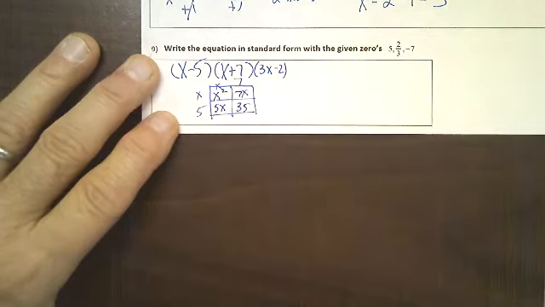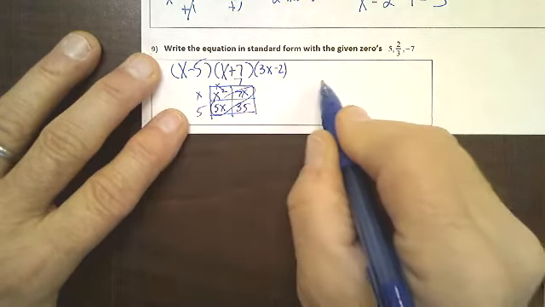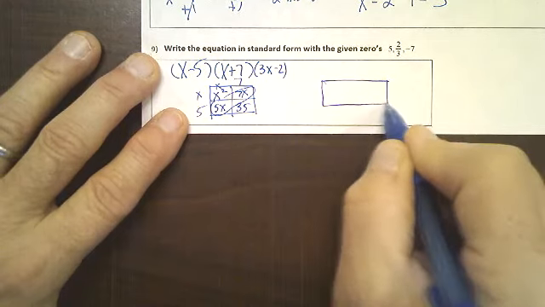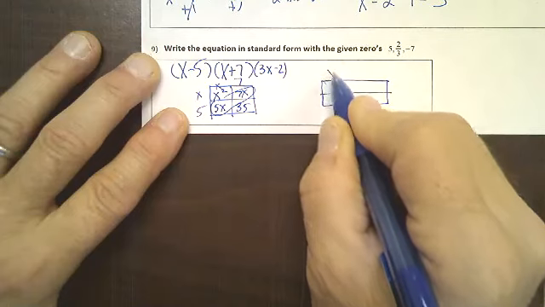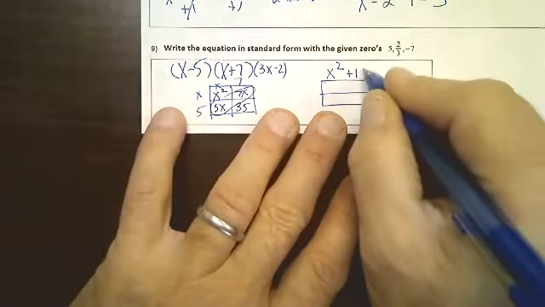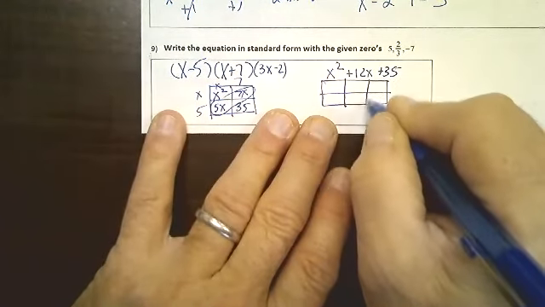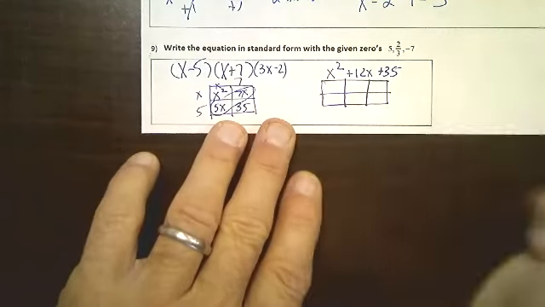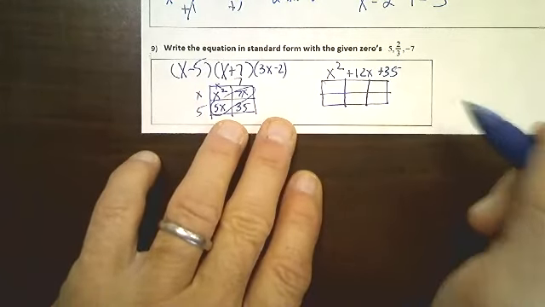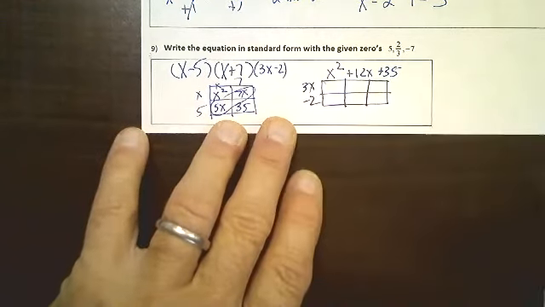Got it. Who can clean that mess up? Miss Woodrum. What goes along the vertical? 3x minus 2.